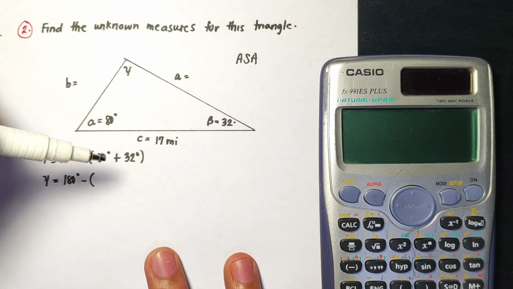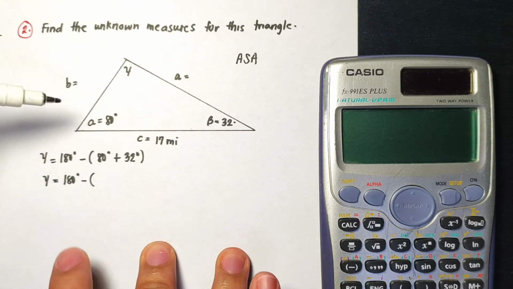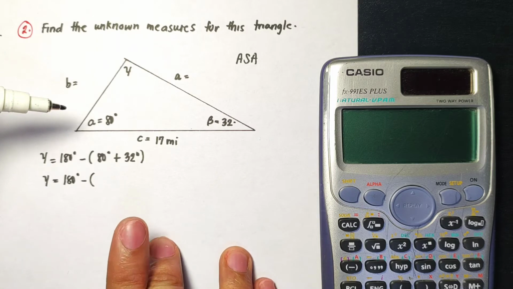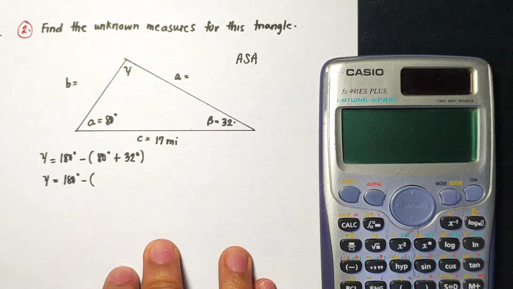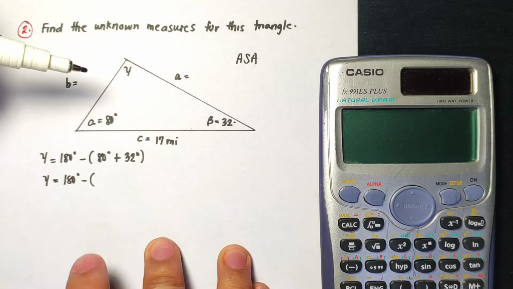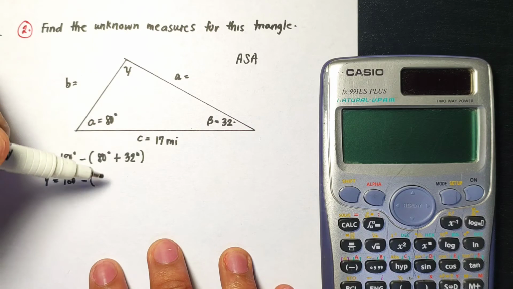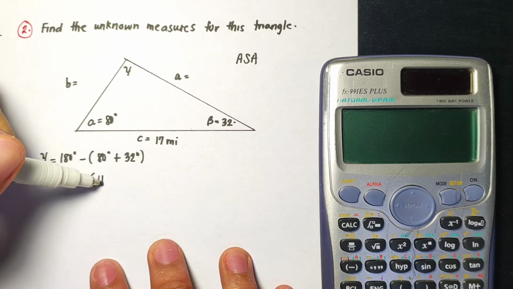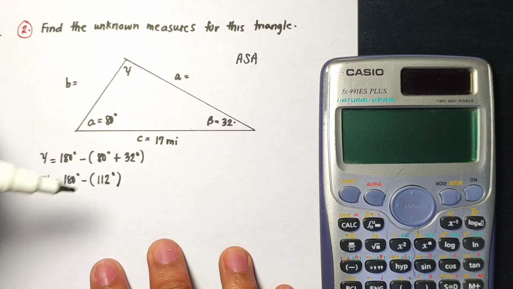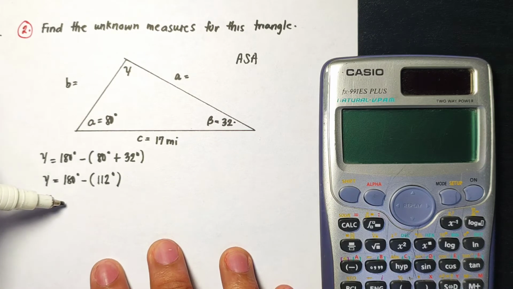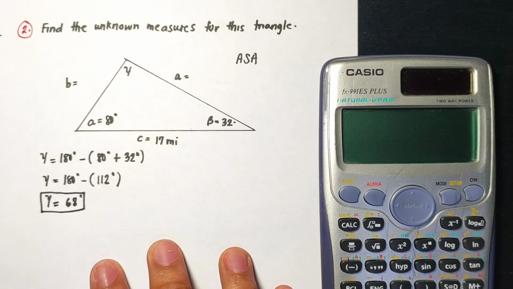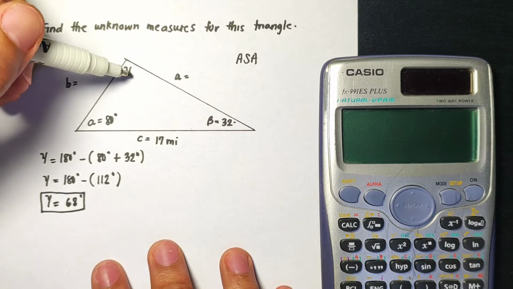That is 112. So if that is 112, subtract it from 180 degrees. So that will be 68 degrees. So this is the value of angle gamma, 68 degrees. So let's write it there.